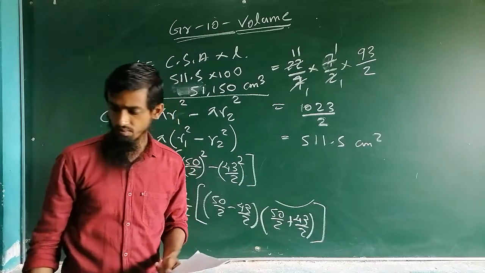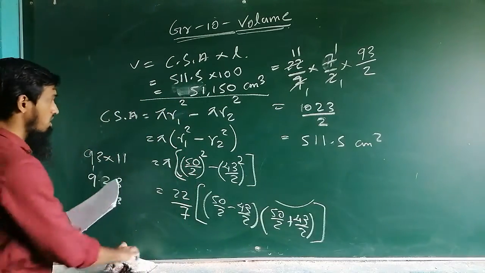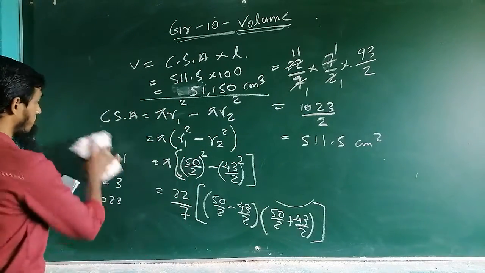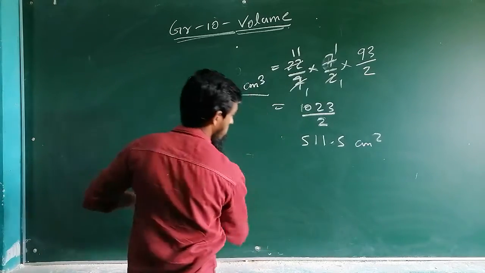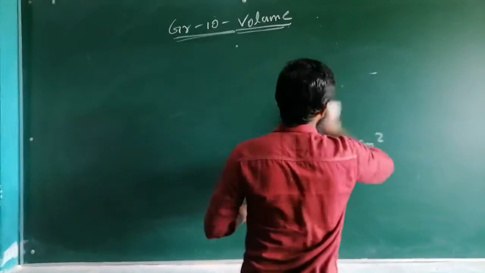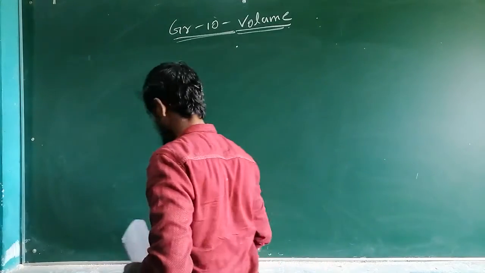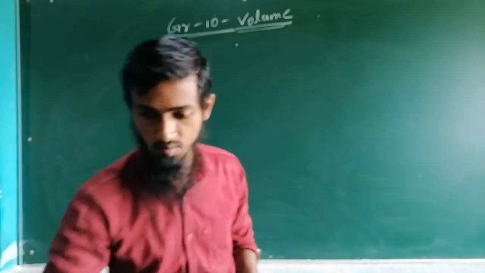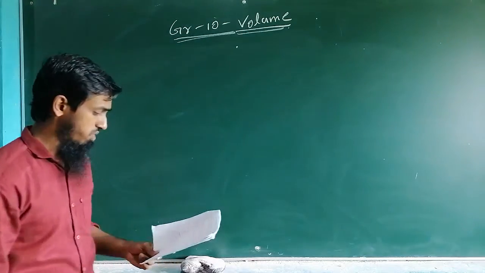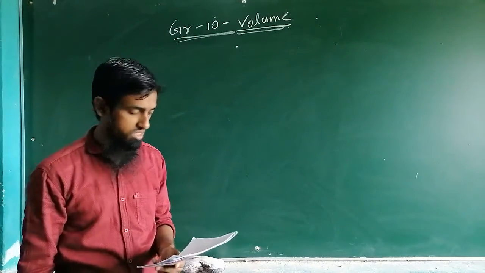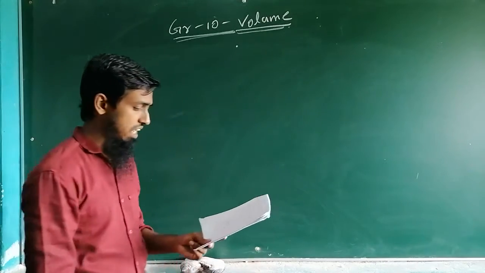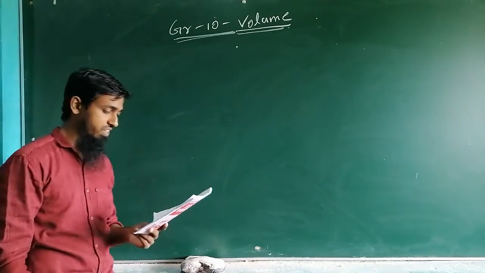Fourth question is related to a prism. A prism with a right-angled triangular cross section is given, and the length of the prism is 50.